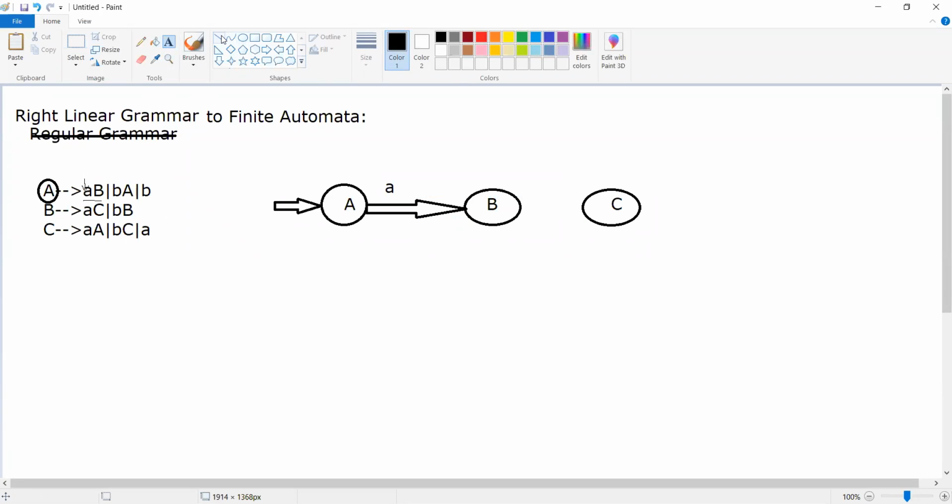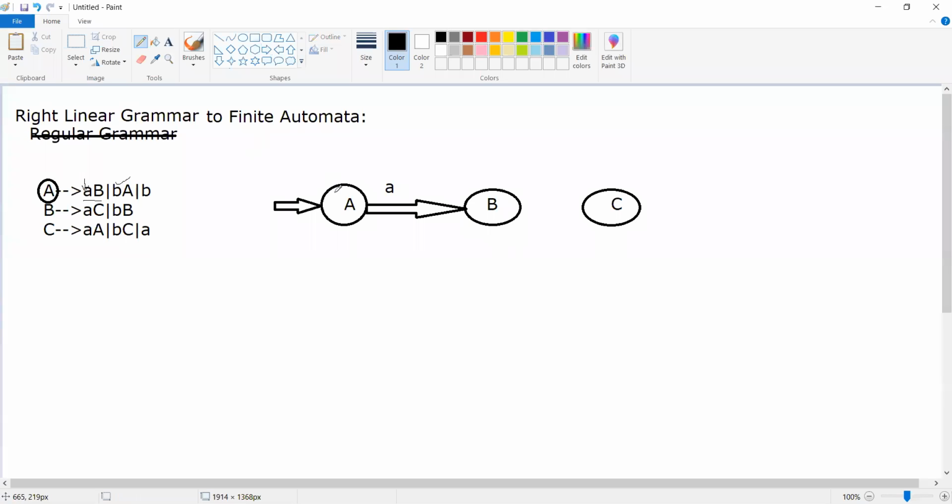Then the next case: when we are present in state A, by reading the input symbol small b, we have a transition to state A.